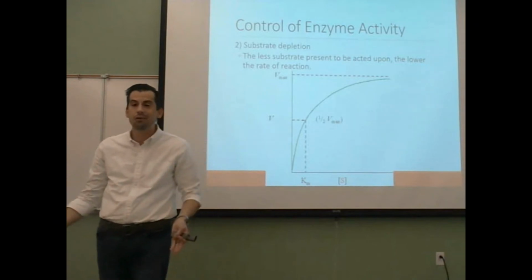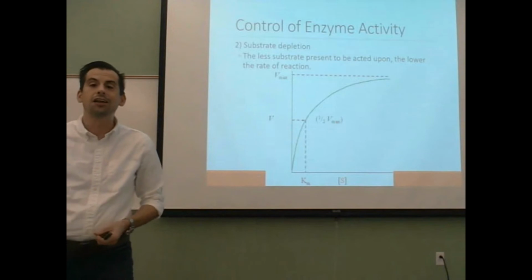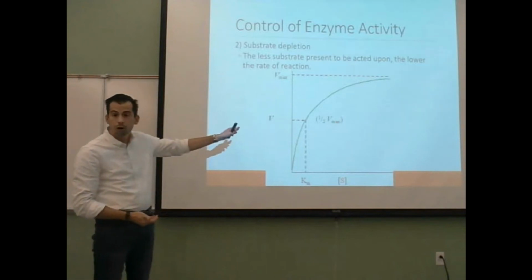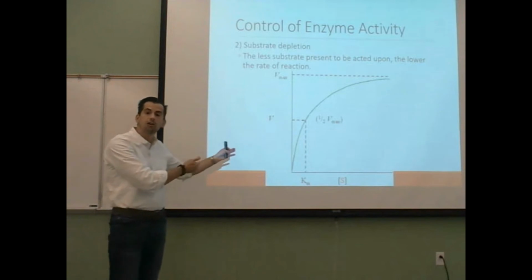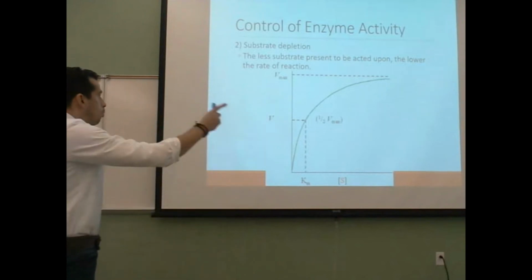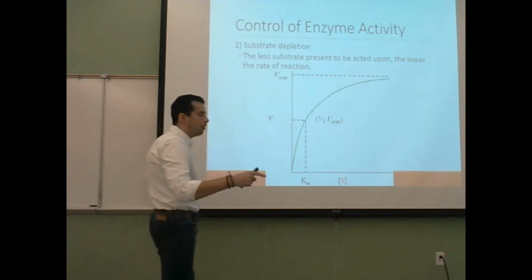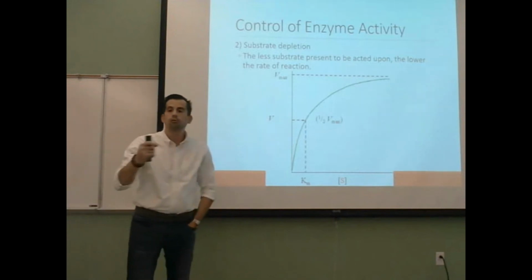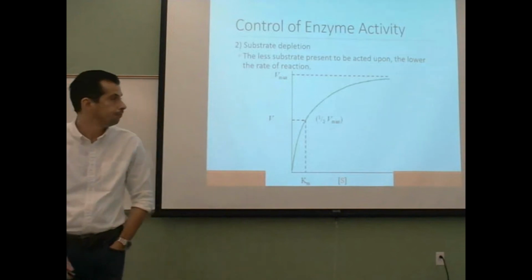And if we have no raw materials at all, we're going to have 50 workers standing around twiddling their thumbs with nothing to do. If there is no substrate, there can't be enzyme activity because there's nothing for the enzyme to act on. So we won't be considering this so much a mechanism of control, but more so an observable phenomenon.